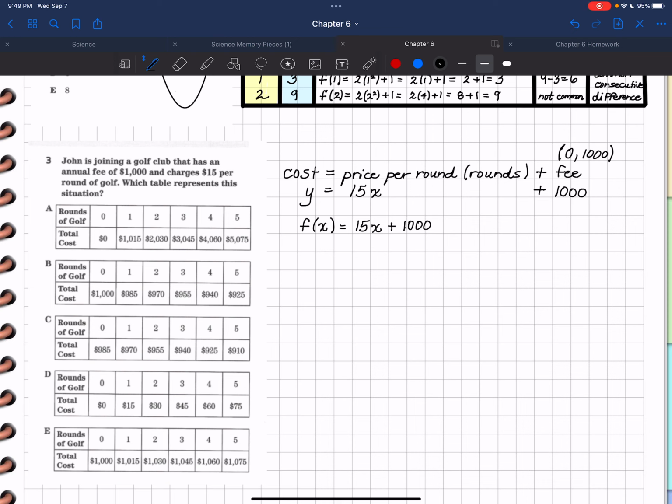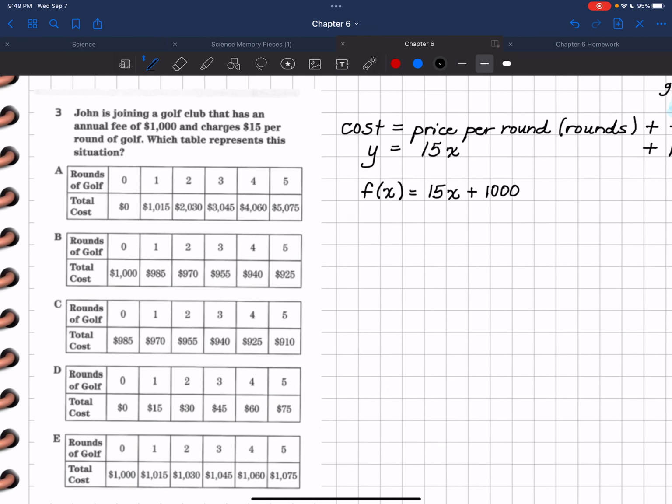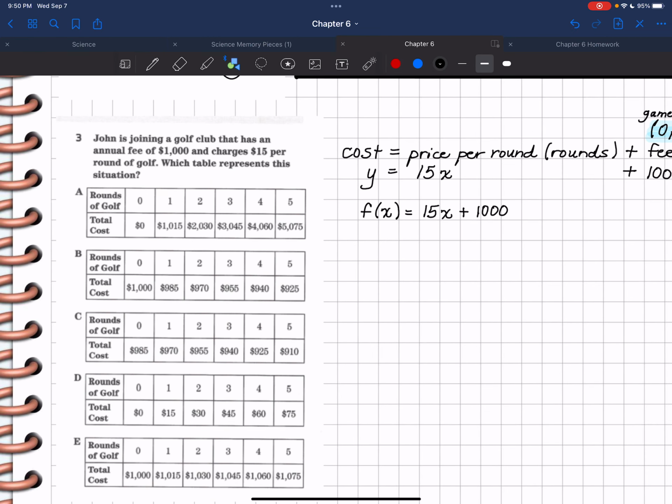Now, if you know that baby B is 1,000, you know baby B is a y value. So let's take a look here. What this is saying to me is that 0 games, you still owe $1,000. So A says 0 games, $0. That's not what we're looking at here. So I'm just going to mark off option A. That's not it.